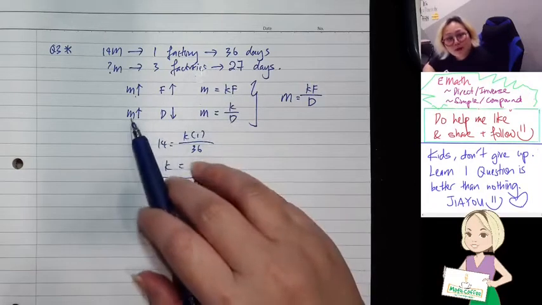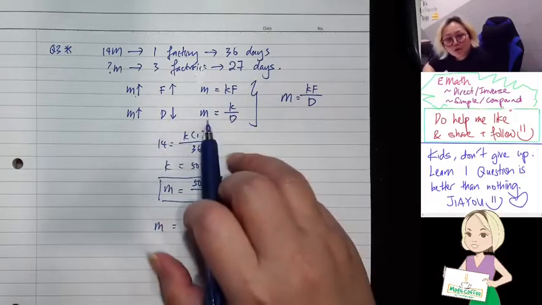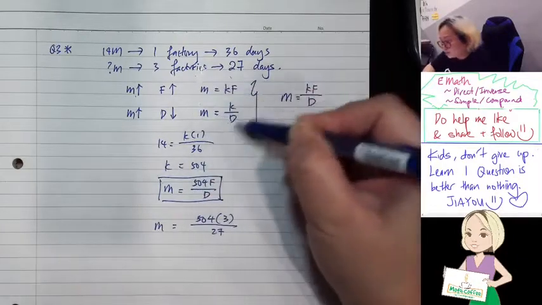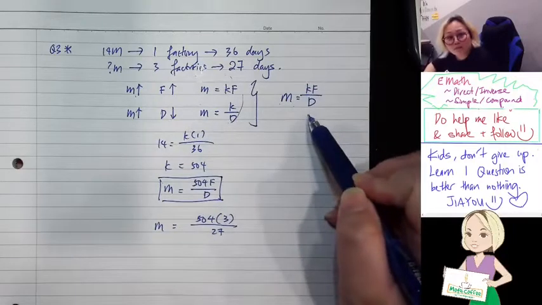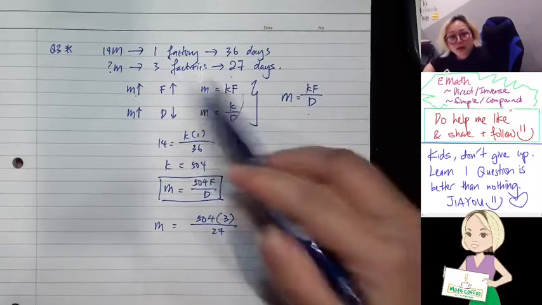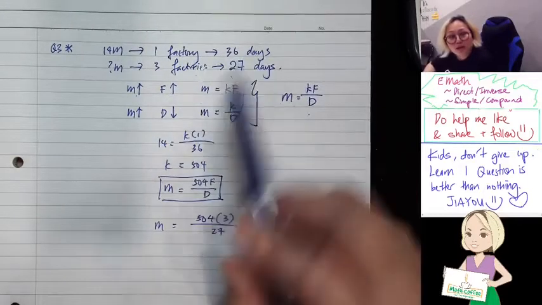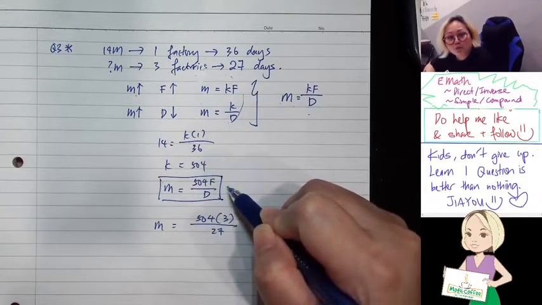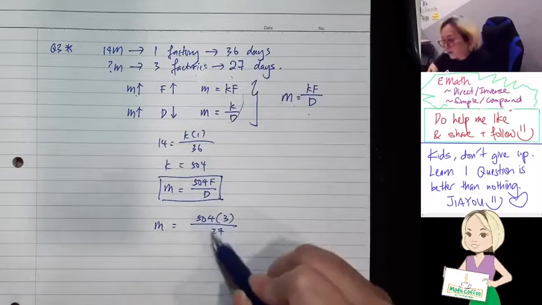When I have more men, they take fewer days to complete, so they are in inverse proportion, M equals K over D. If you combine these 2 together, it becomes M equals KF over D. So sub in M equals 14, F equals 1, and D equals 36, and we find our K is 504. And we have an equation that relates M, F, and D. So with this, I can sub in whatever I need.